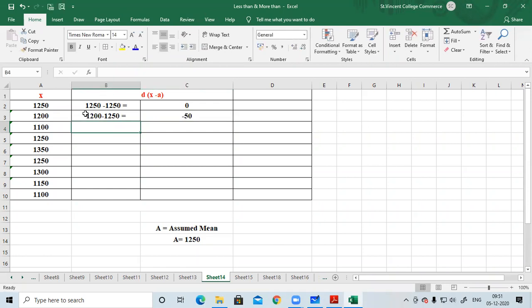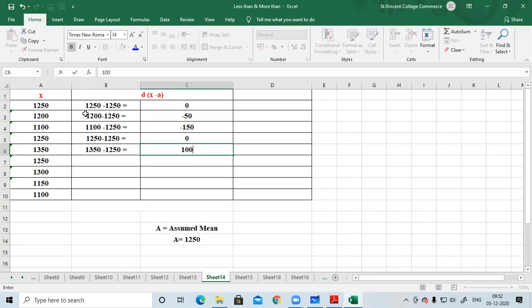Can you all see this? 1100 minus 1250, I get minus 150. Then 1250 minus 1250, I get 0. 1350 minus 1250, I get 100.